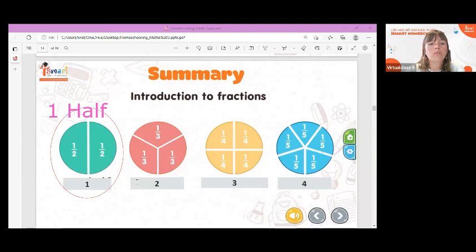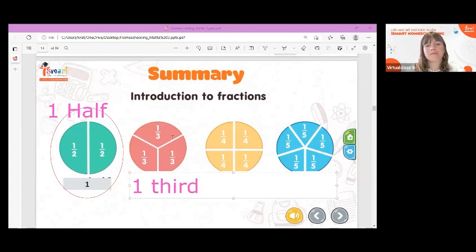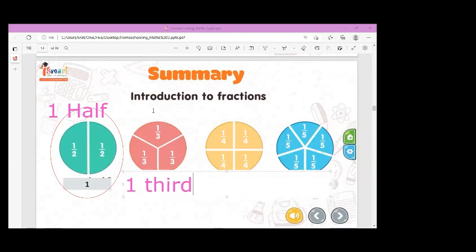What will number 2 be? Who can tell me? Thanh, Hami, what fraction is this? Đoàn Bảo Phương. 1/3.